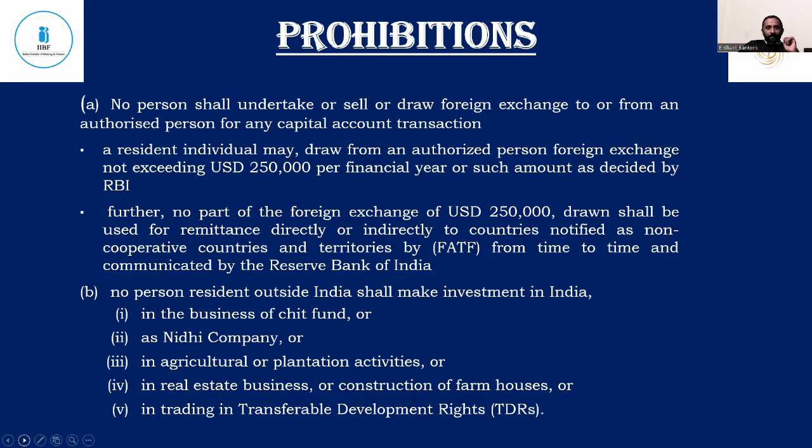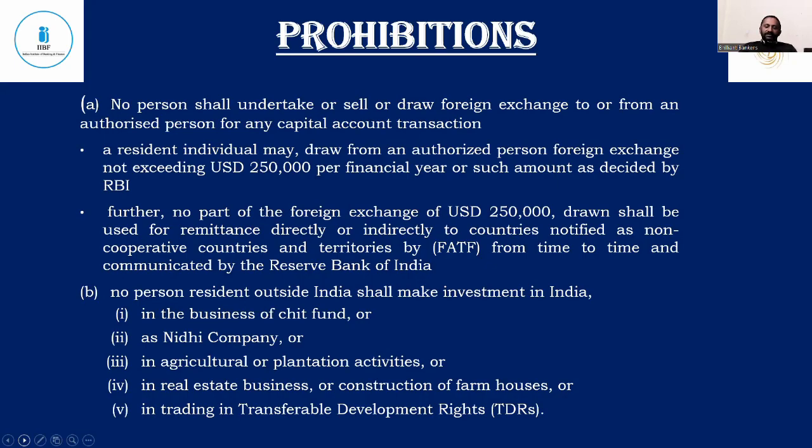Further, no part of the forex shall be used for remittance directly or indirectly to notified countries. No part of the foreign exchange shall be used for remittances directly or indirectly to countries that are notified as non-cooperative countries and terrorists by FATF from time to time and communicated by RBI.